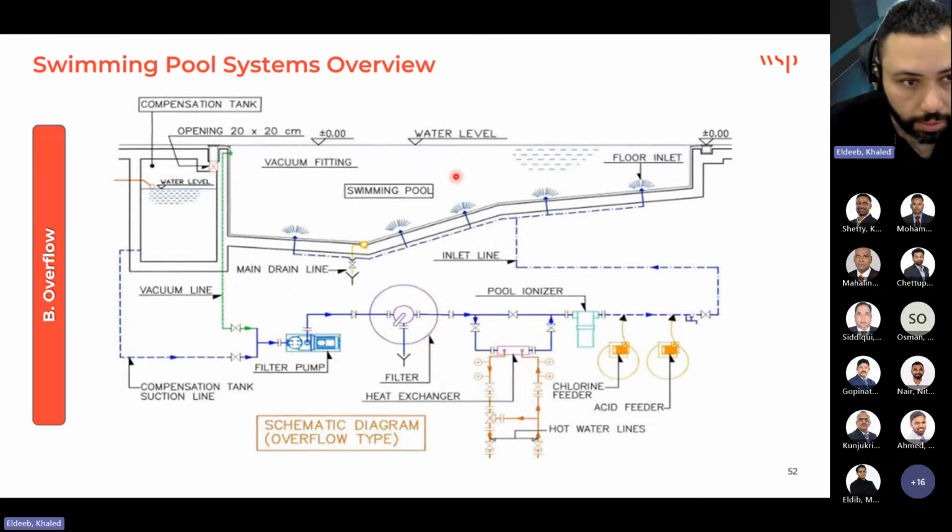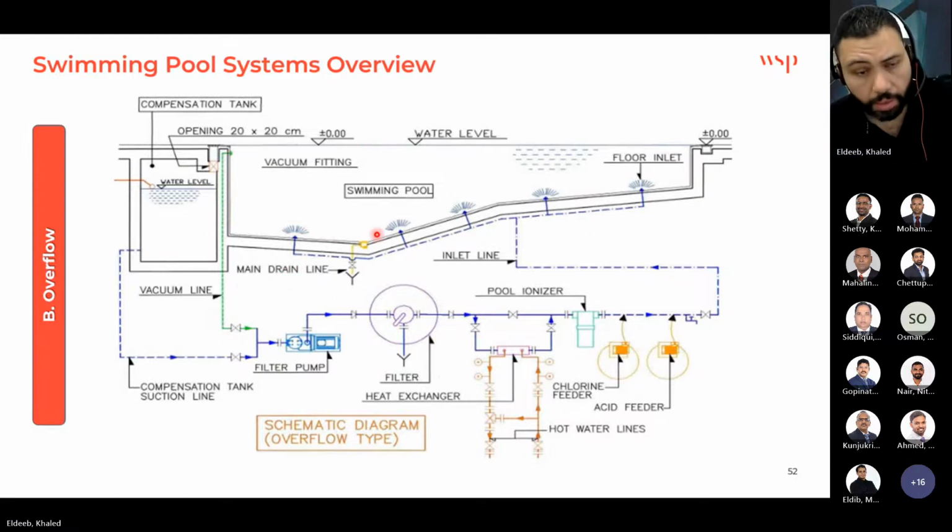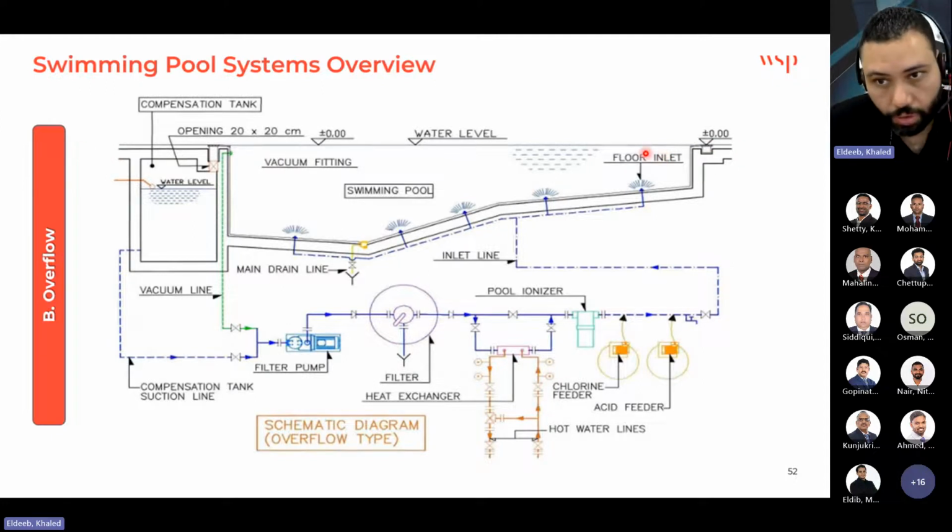So in order to do that, we have to provide a hidden surge tank to accommodate this extra flow, and use this surge tank like an intermediate station between the pool and the pump. But we can also take the drain from the pump directly. So here is the main feature of this overflow: we have one level equivalent to the surrounding area.